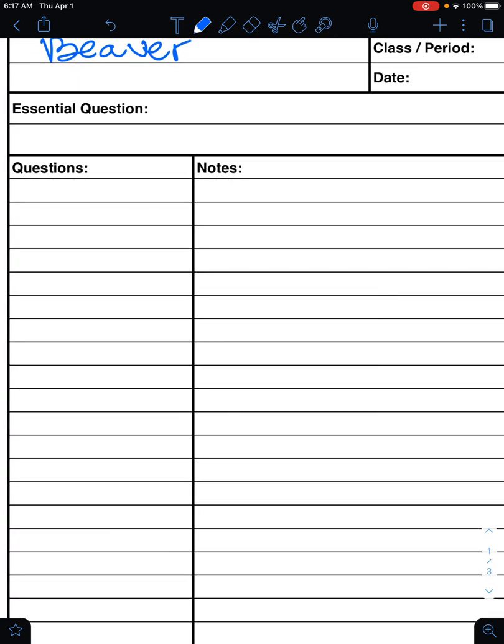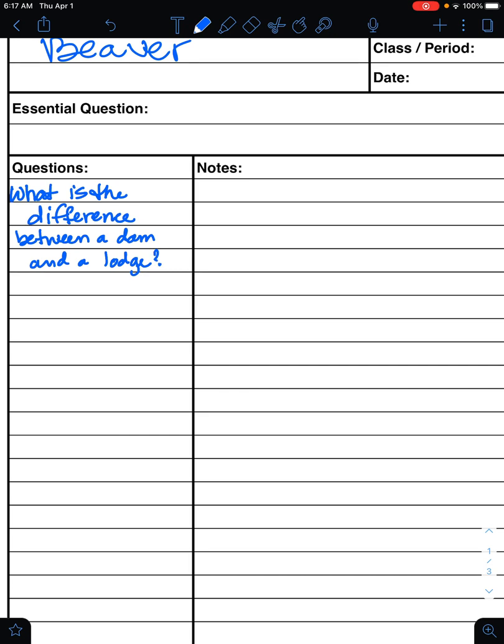So you would write a question over here that your notes would answer. So like our first question could be, what is the difference between a dam and a lodge?